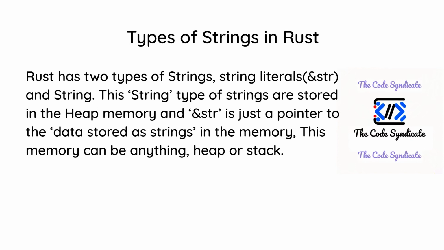In our previous video, we discussed how Rust stores data inside a variable in the stack or in the heap memory. The String type is stored in the heap memory, and a string literal is just a pointer to the string data stored in memory. This memory can be anything, heap or stack.